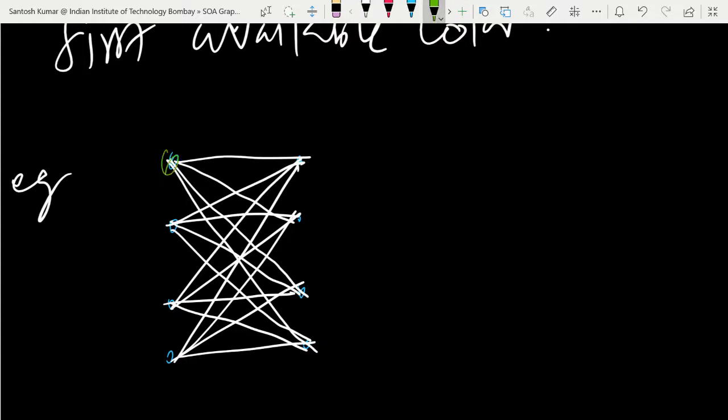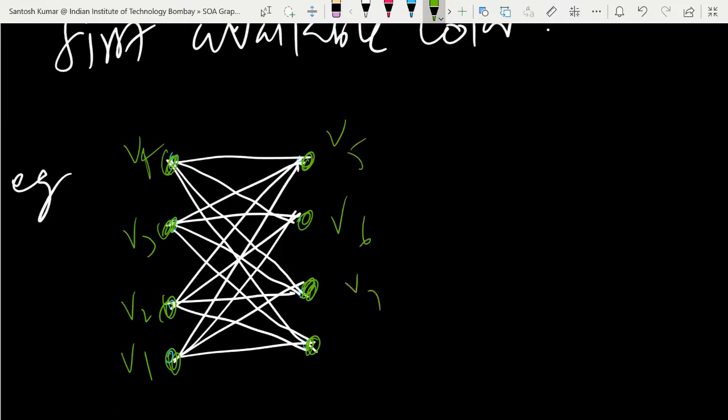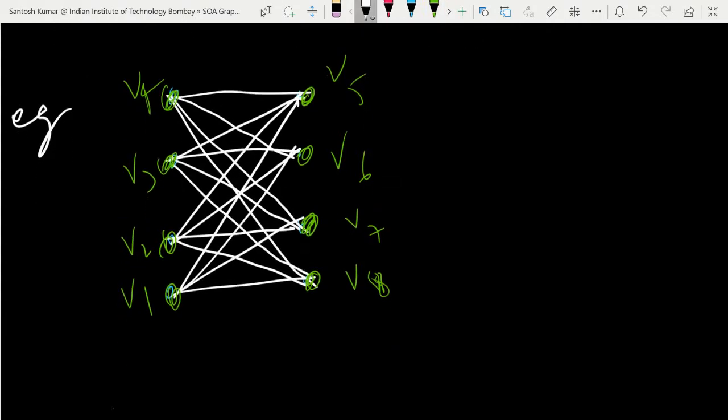So I have 8 vertices. Just name them. You want to label them, so you can label them V1, V2, V3, V4, V5, V6, V7, V8. You can order in your own way. There's not any proper rule. It's up to you how you want to order. So I ordered in this way.